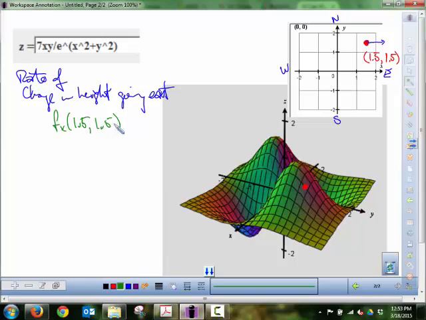Since we have a function and we are at a point, we should actually figure it out. So we need our partial derivative, let's call it z sub x. Let me rewrite the z function as 7xy times e to the negative (x squared plus y squared).